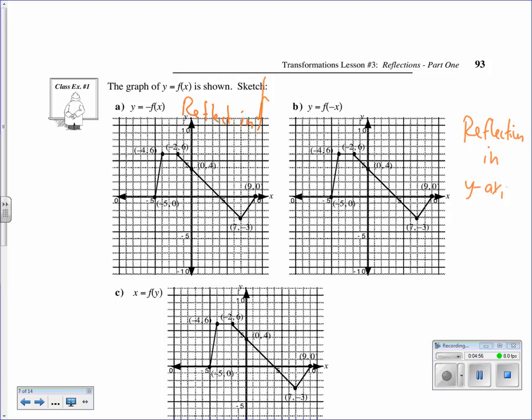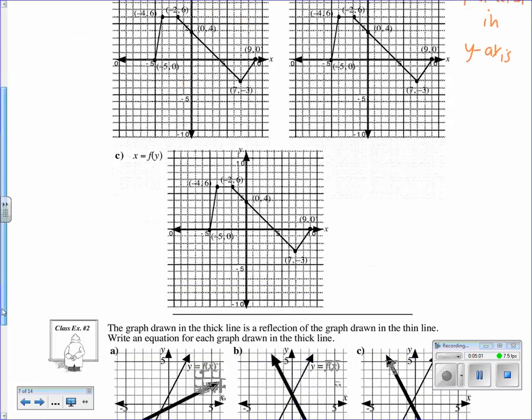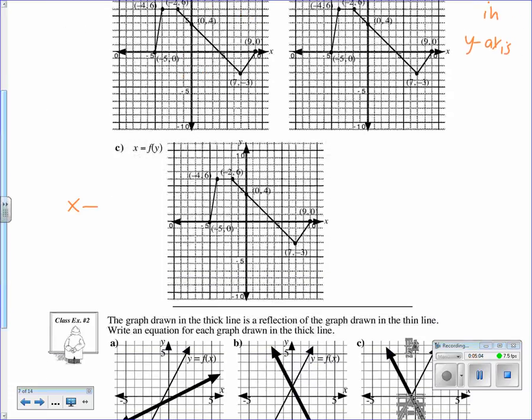And you can guess that the next graph is my inverse notation. So I have to take x's and make them y's, and y's and make them x's. So the x's and y's shift identities. The y becomes x, and then I can replot those graphs.